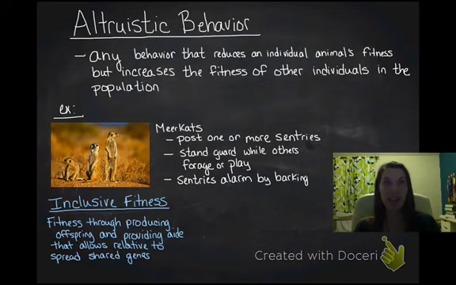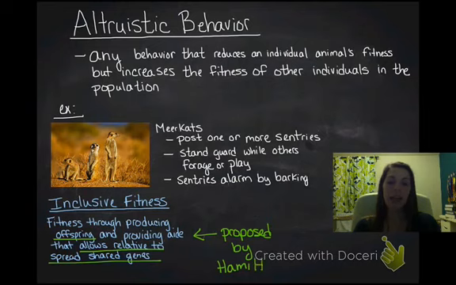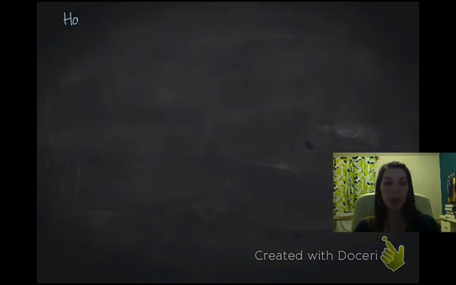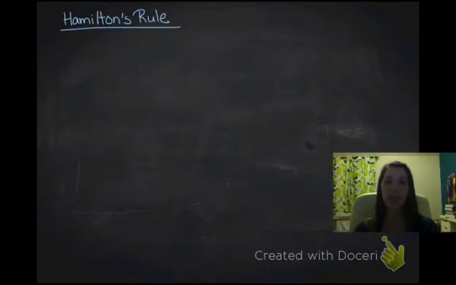It exists because it allows close relatives to spread those same genes, even though I might die by doing the behavior. Inclusive fitness was proposed by Hamilton, so we're going to look at Hamilton's rule. Hamilton's rule is in your textbook, in chapter 51, and it looks a little scary at first glance.